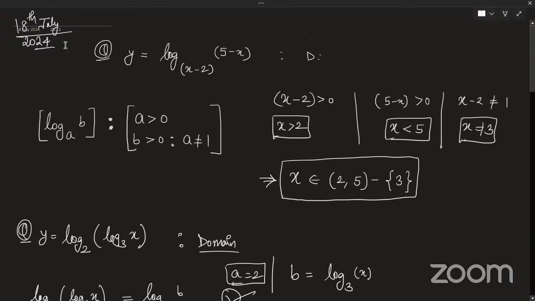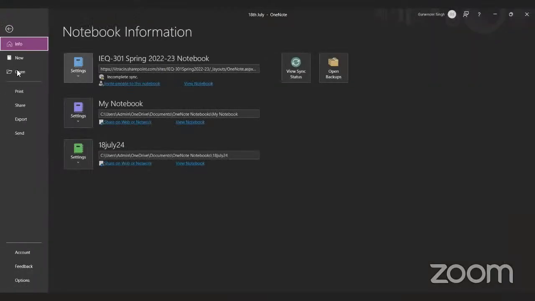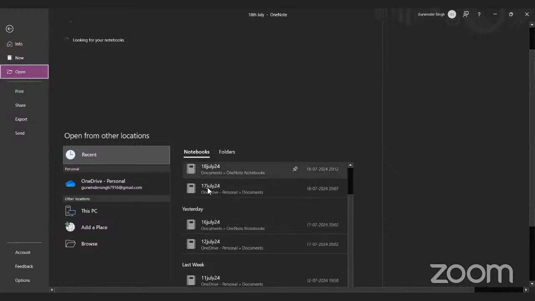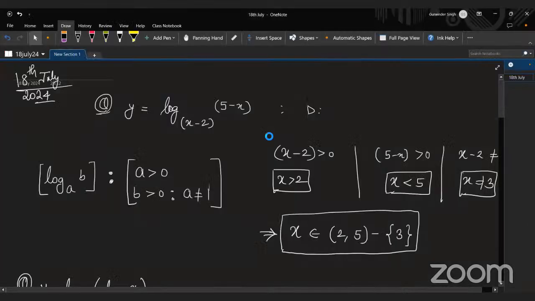You are not able to relate to yesterday's class, is that the issue? What we were learning yesterday about logarithm, you can't relate to that? Or is it something else? You can tell me, there is no problem with that.